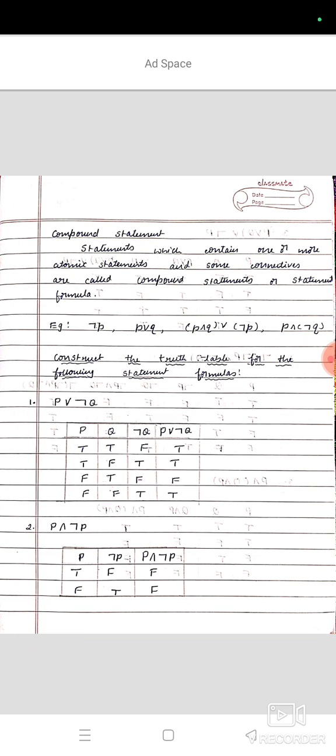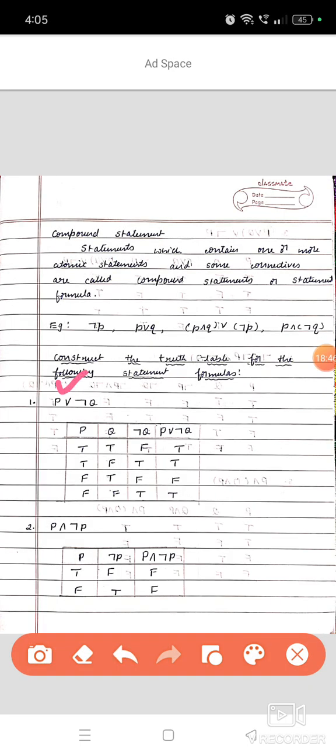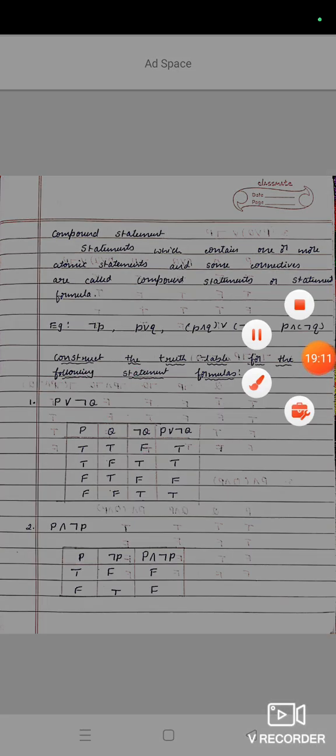Next we combine P and not Q with the operator OR. And we know that the OR operator is true if any one statement is true. Now here P is true, not Q is false. We are applying the OR operation between P and not Q. Here one statement is true, so P or not Q is true.